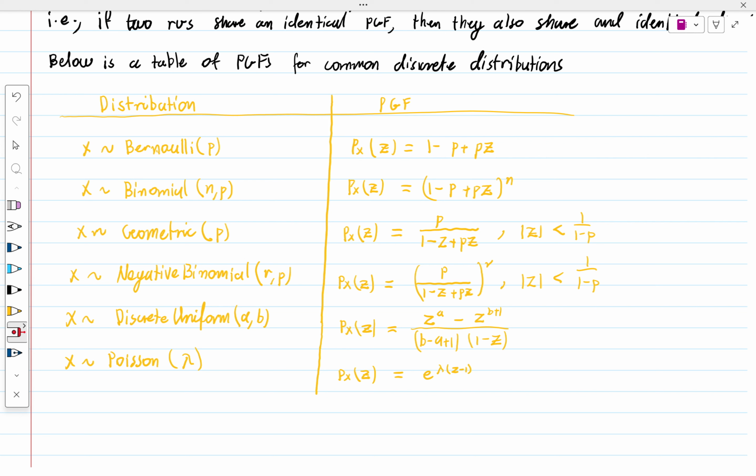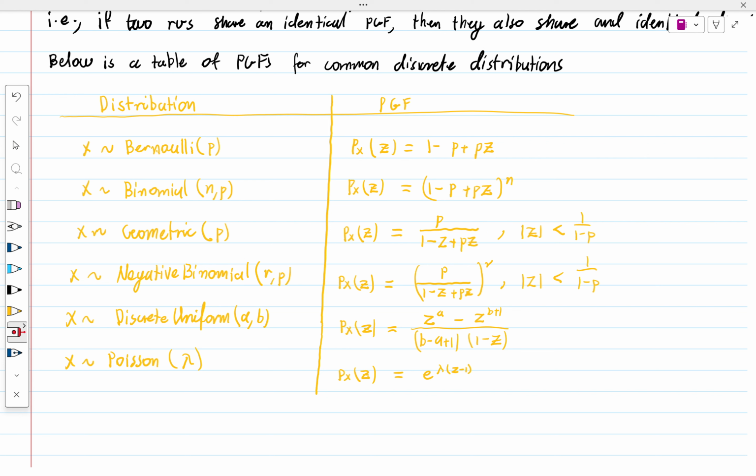Another point to please keep in consideration here, if you're looking at this, is that I have specified that the distribution of the geometric random variable here is the number of failures before the first success. It is not the total number of trials before the first success, and that comes out with this particular probability generating function.